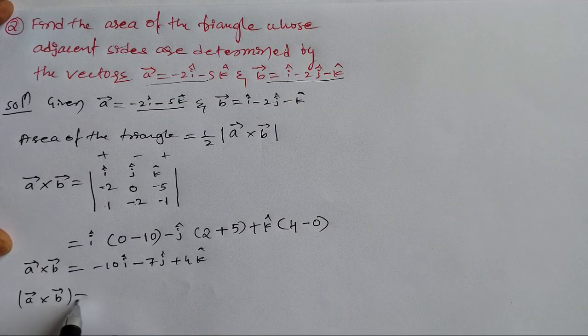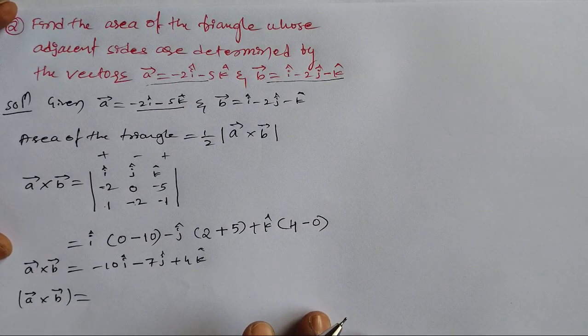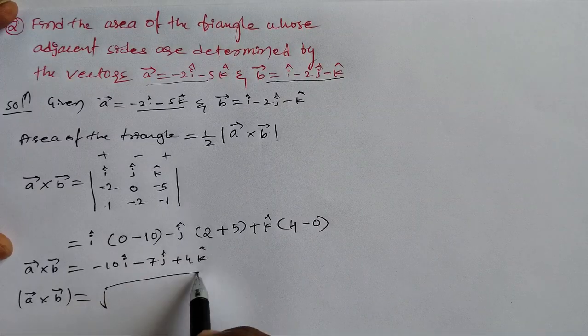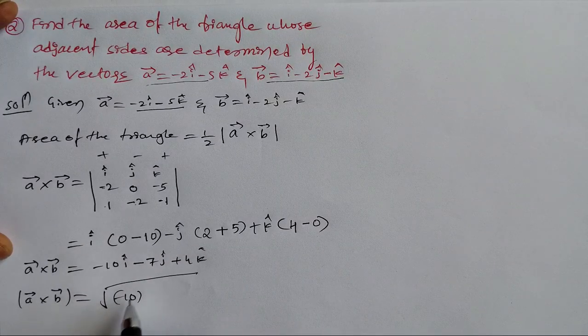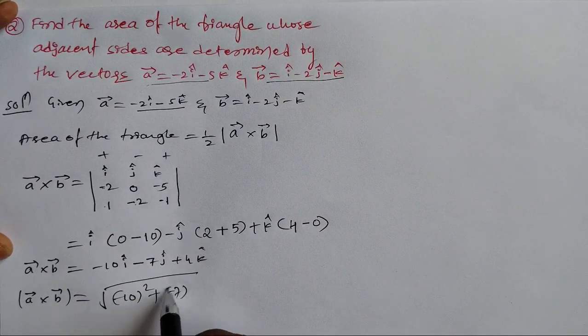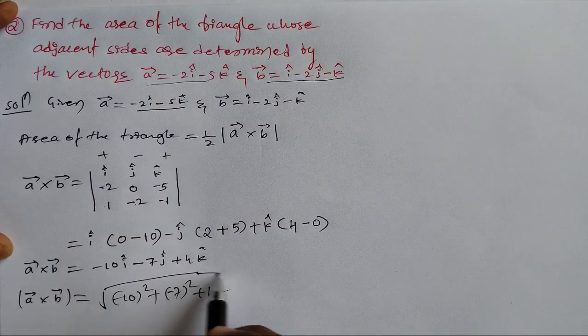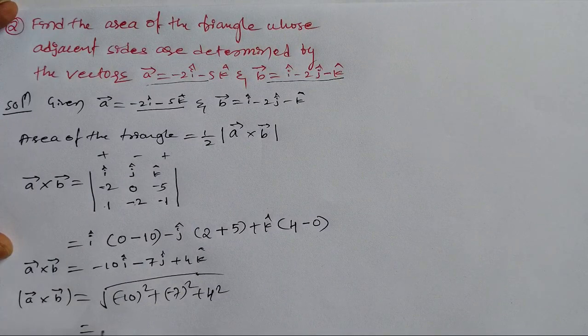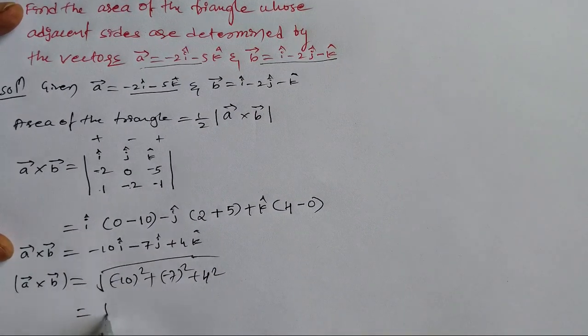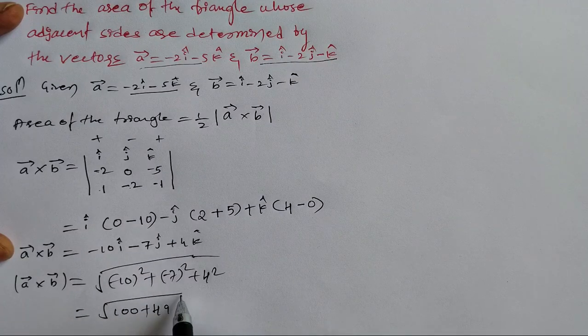equal to, what happens, square root of minus 10 square plus minus 7 square plus 4 square. That is equal to, okay, right, 10 square is 100 plus 7 square is 49 plus 4 square is 16.